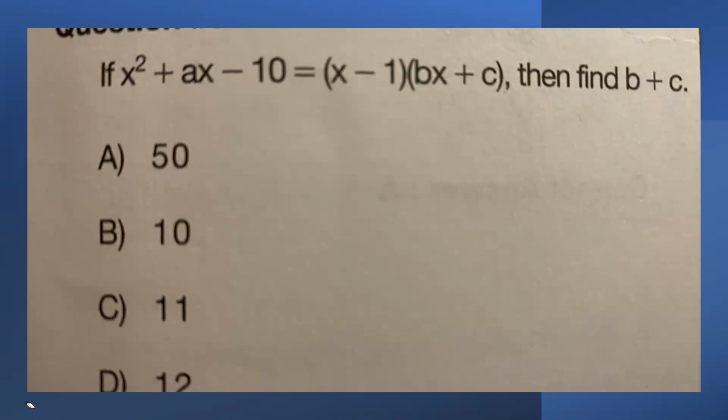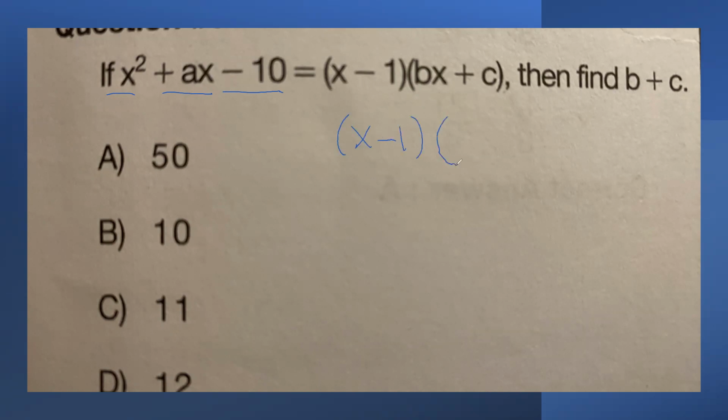Okay. All right, so this I'm gonna do again the short way. There's a long way, but I'm not gonna do the long way. So I have a trinomial here ending in -10, and I already have it factored as the product of x minus 1 and something.